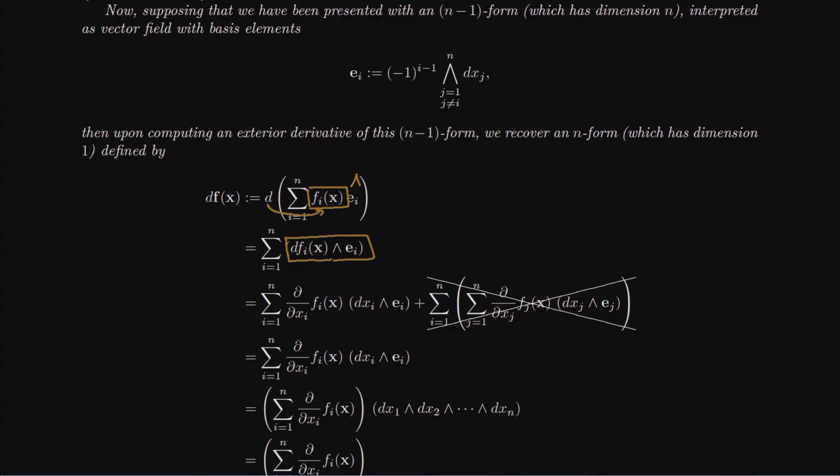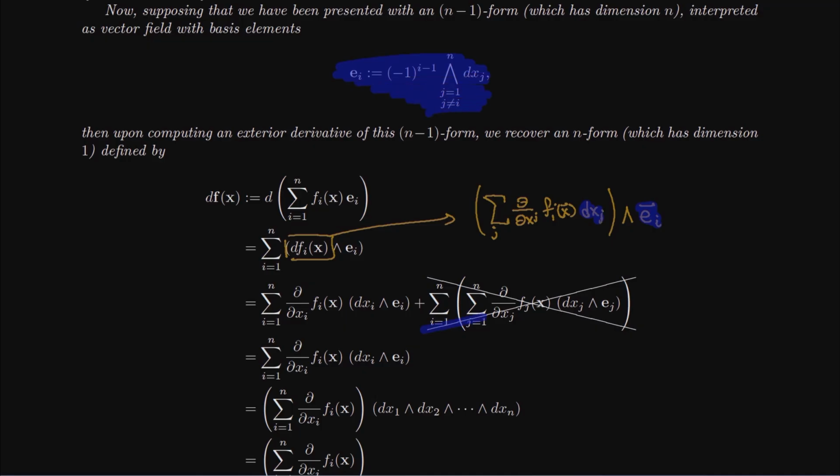But what happens in this case if you write out what this would be? Well, the exterior derivative of any zero form is just the sum of the partial derivatives, partial xj of fi of x, and then dxj here, right? So that's going to be those terms. That's going to get wedged with ei. Well, what do we know? Anytime that dxj shows up somewhere in our basis elements, I know that that term has to be 0 because of the way the wedge product exists.